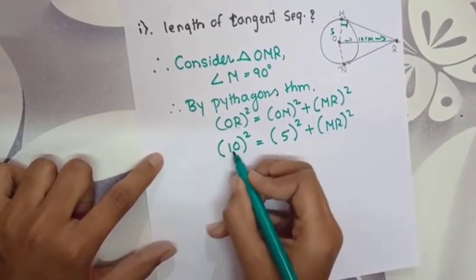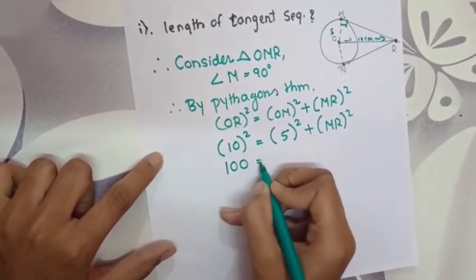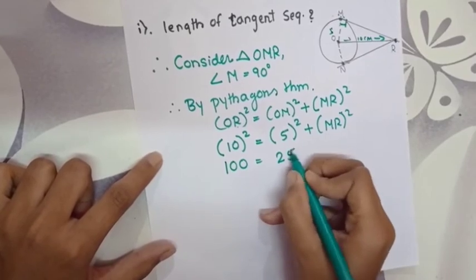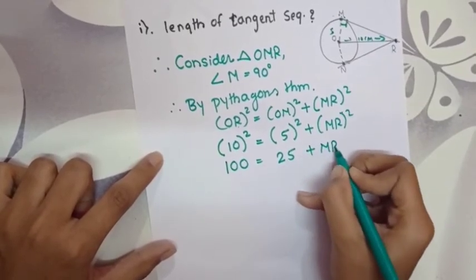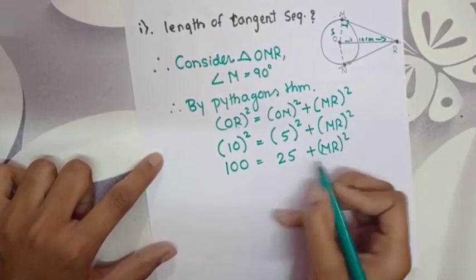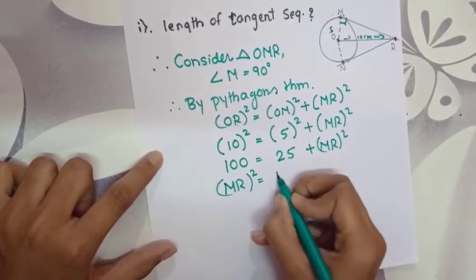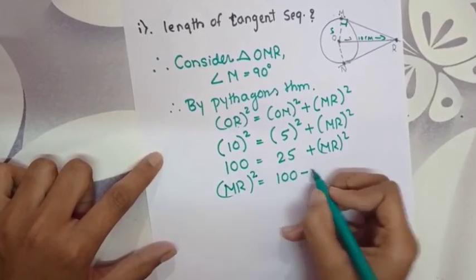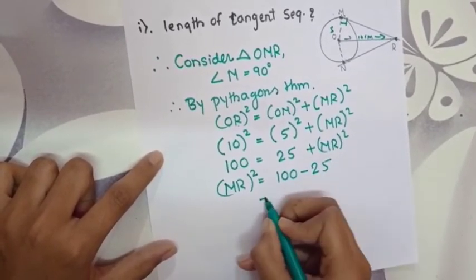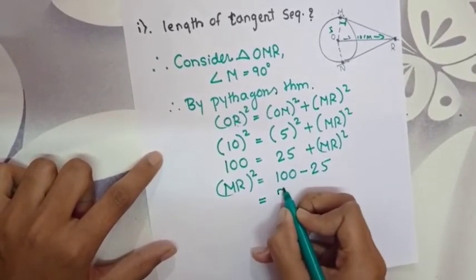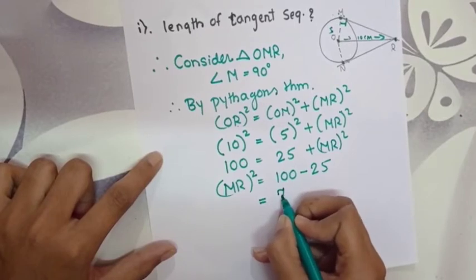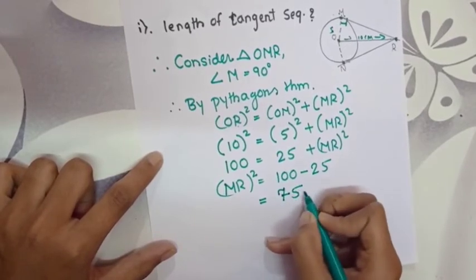Now 10 squared is 100, 5 squared is 25, plus MR squared. We can transpose: MR squared is equal to 100 minus 25, which is equal to 75.